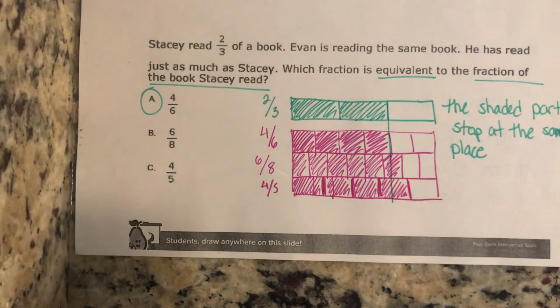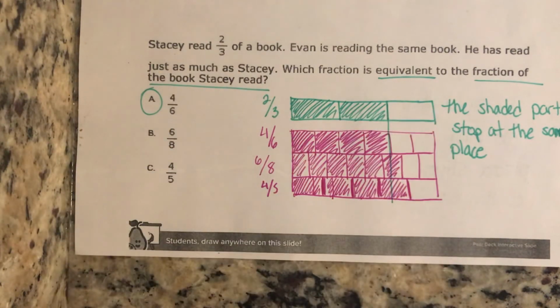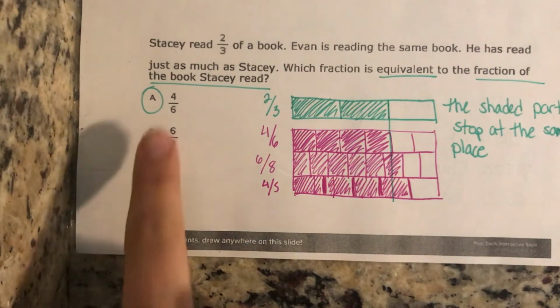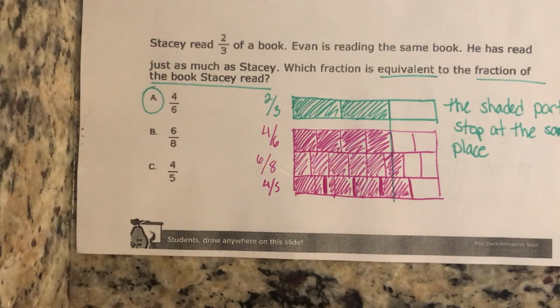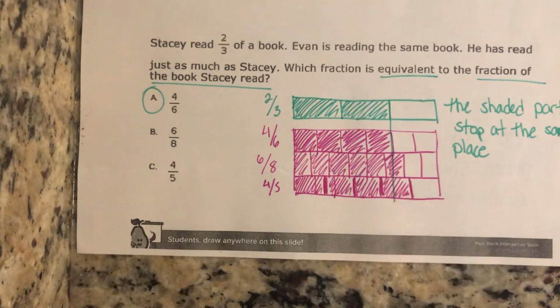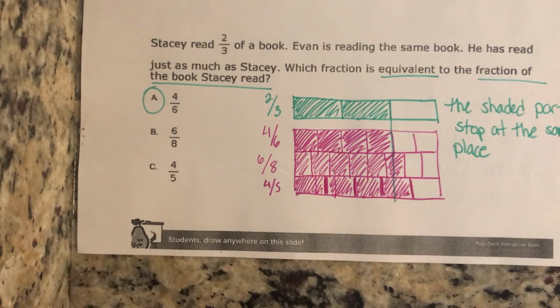So I would encourage your child to draw the first fraction, 2/3, to show how much Stacy has read. Then I would draw my 3 answer choice fractions below, making sure the fraction bars are the same size. They need to stop and start at the same place. They also need to carefully divide the fraction bar into equal pieces.